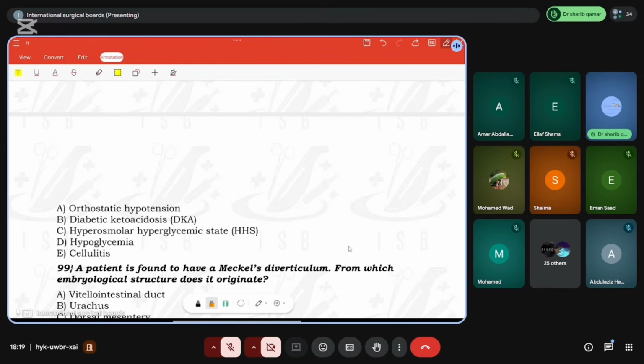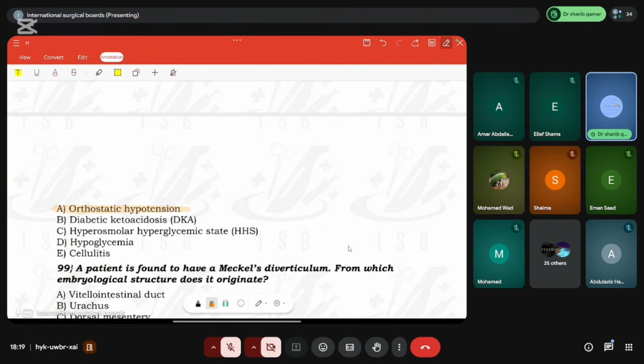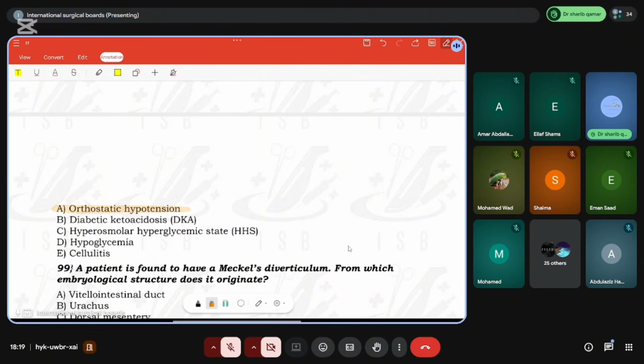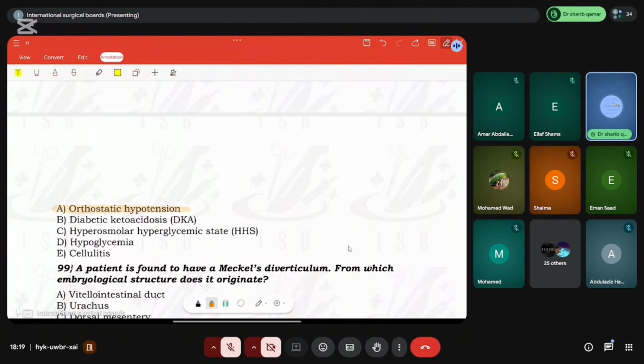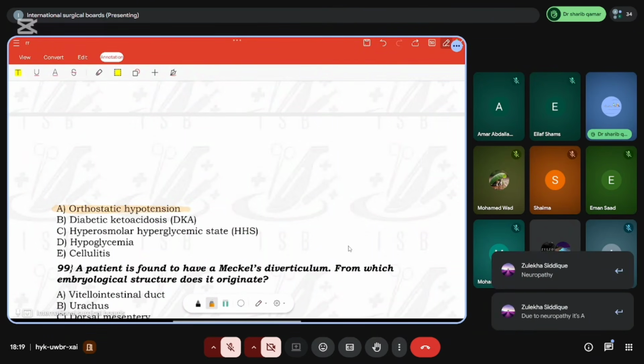So it means orthostatic hypotension happens because of what in diabetes? When a diabetic person stands up, they faint and their blood pressure drops. Yes, Suleika, thank you very much. That is due to autonomic neuropathy.